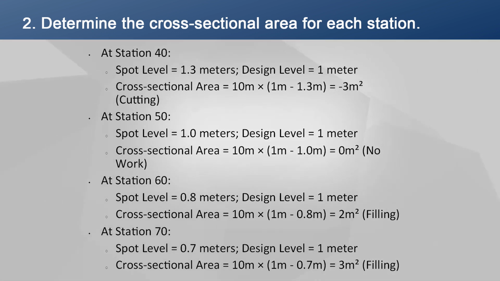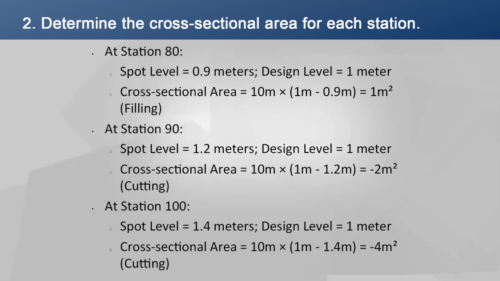At station 70 meter, spot level given is 0.7 meter, design level is 1 meter. So, if we calculate cross sectional area, it will be 10 meter into (0.7 meter minus 1 meter). So, it will come out as minus 3 square meter. Minus means filling.